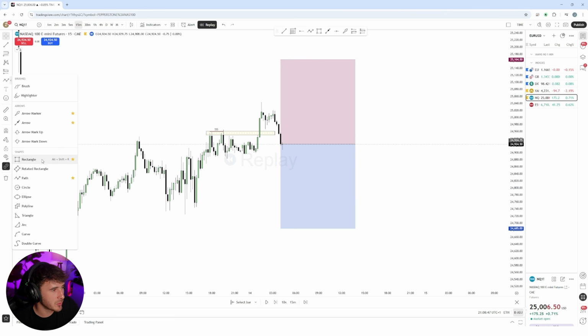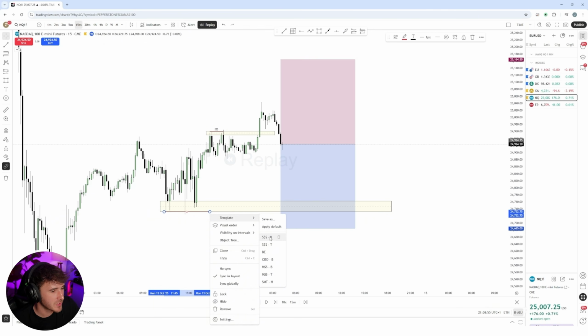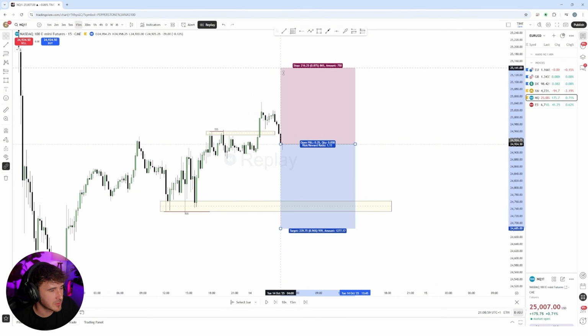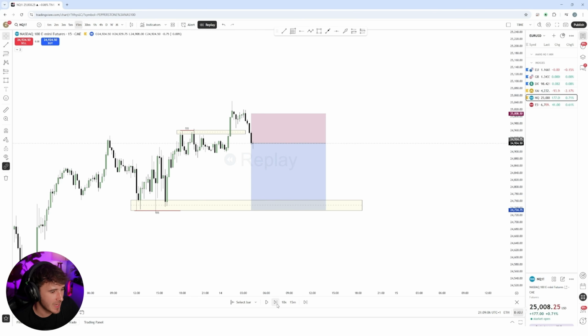Well, the next liquidity pool would be this obvious level of support down here, or in other words, equal lows. So this would be our opposing liquidity pool. We're looking to trade from one liquidity pool to the other. So we could go down here, mark up our position, set our targets at the bottom of these equal lows, or this liquidity pool, and then look to ride the short position down. So that is equal high and equal low liquidity.